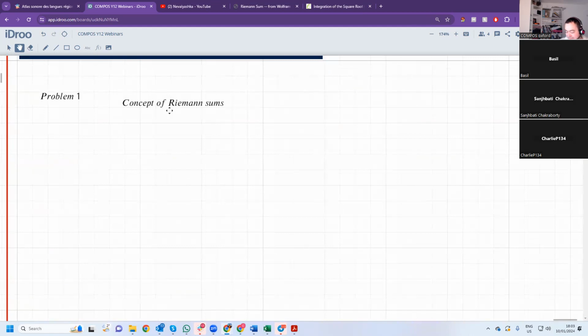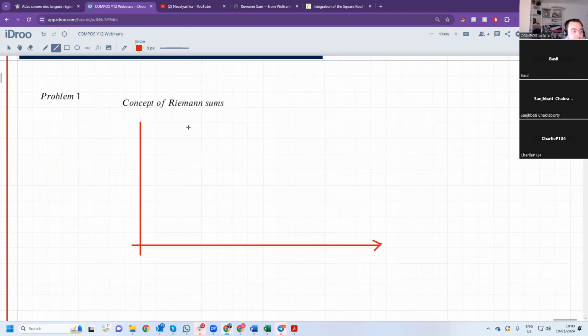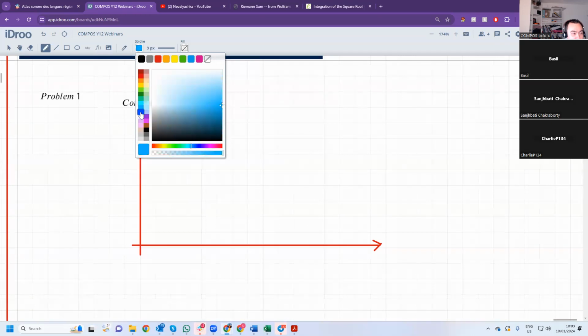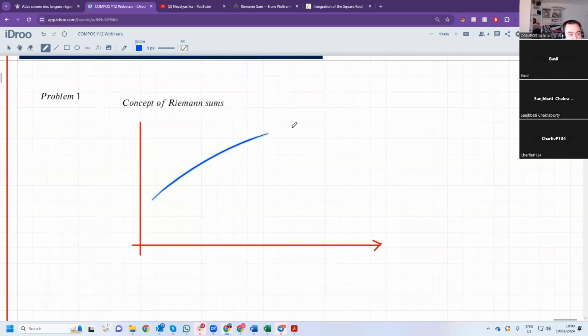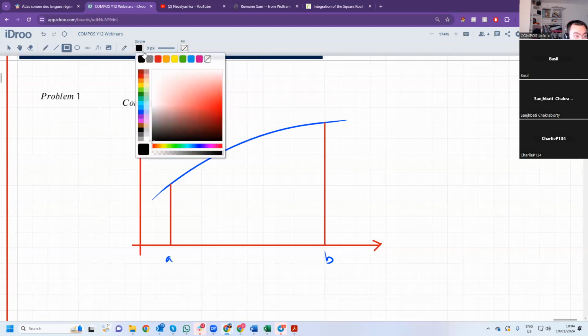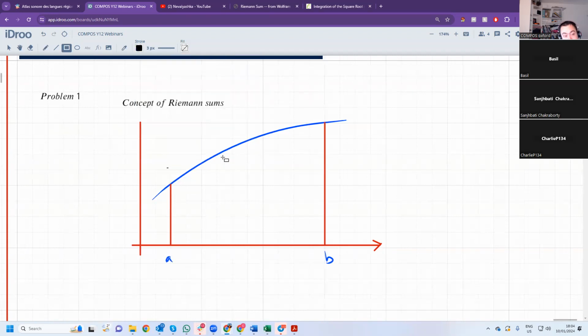It's based on the definite integral, and if you look at a graph and you draw it like this, let's say you want to find the area between two points A and B. You say, okay, I don't know how to calculate the area under the curved graph, but I'm going to draw a rectangle like this.